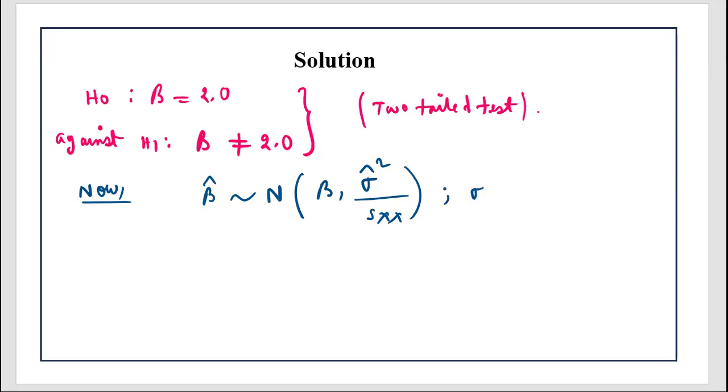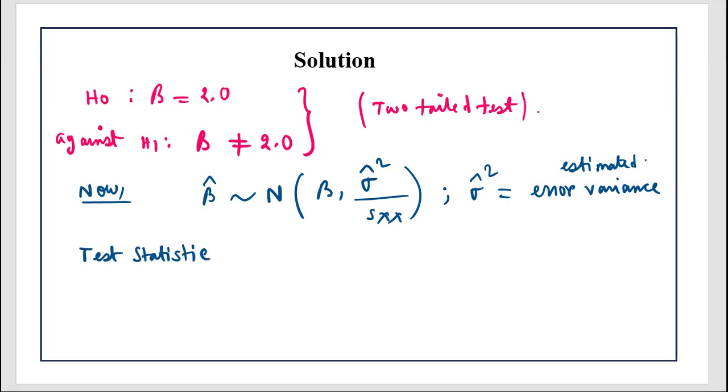Where sigma cap square is the unknown error variance, basically the estimated error variance. Right? Now all you have to do is define the test statistic. What will be the test statistic? The test statistic is simply T, given by beta cap minus beta under H naught upon the standard error of beta.